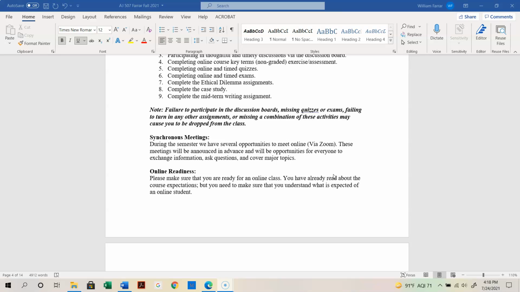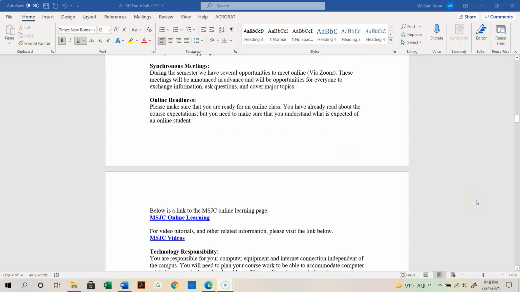It's another opportunity besides office hours for anyone to log in and exchange information, ask questions, or maybe even cover a topic like, when I format my essay, what is it supposed to look like? That could just be the topic that we talk about, and I show you an example of what an essay looks like. So again, this is on top of office hours. We'll have a couple of these little special meetings, and hopefully they're very beneficial to you.